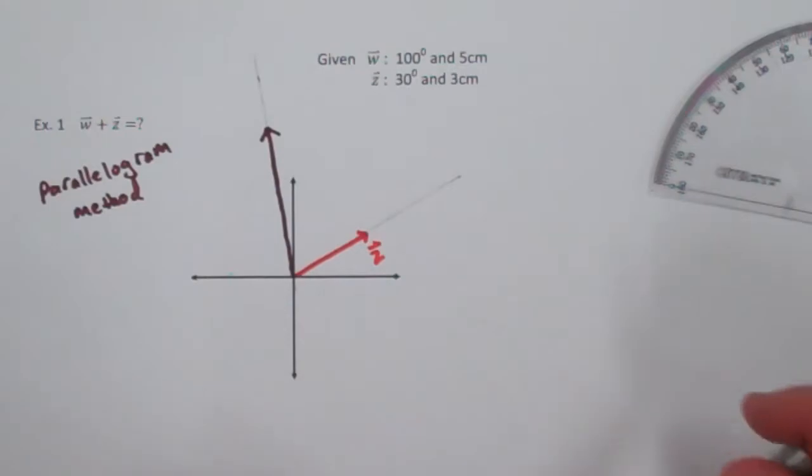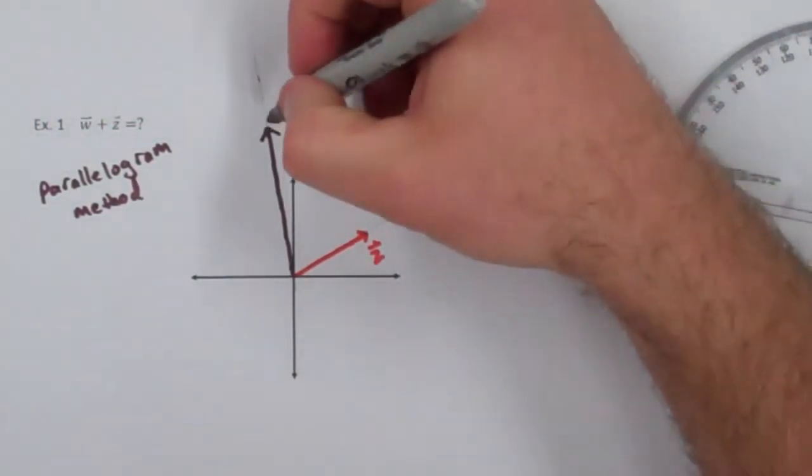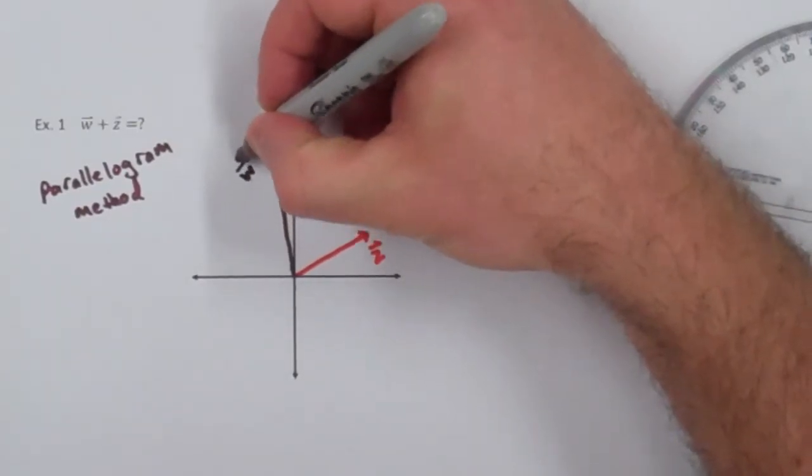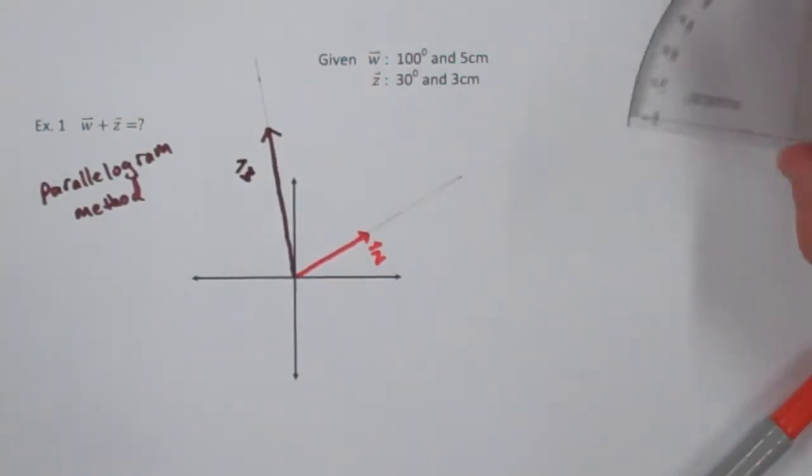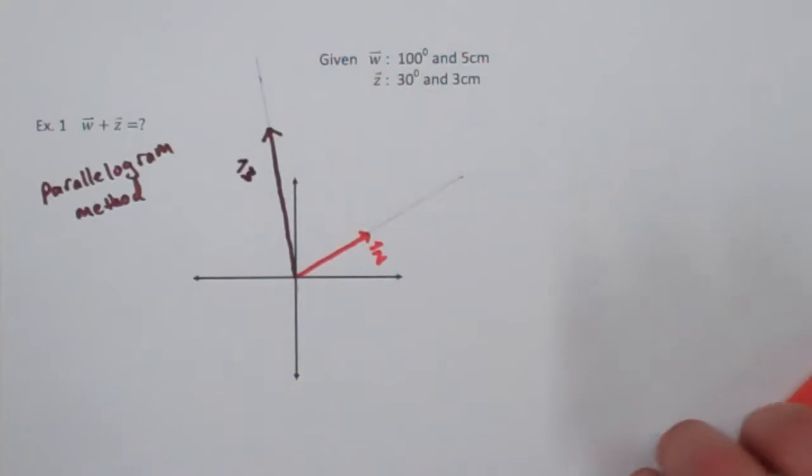Remember, we indicate a vector by using the little half barb on the end, and this will be vector W right here. So you might have guessed it already, but the parallelogram method uses a parallelogram. All we need to do is produce a parallelogram.